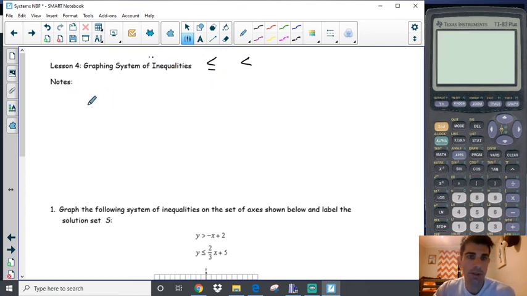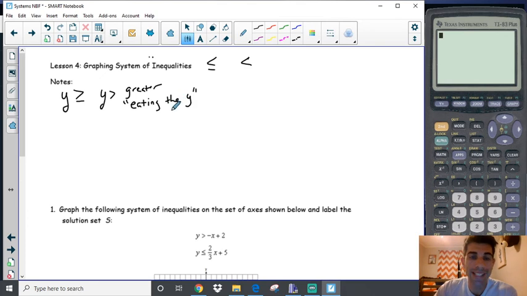So let's start with some notes here. The first thing is when you have some equation where y is greater than or equal to, or just y is greater than, okay? These are showing greater, and I know this because I like to say that we are eating the y.